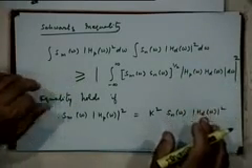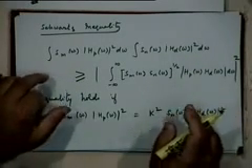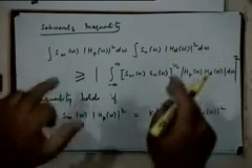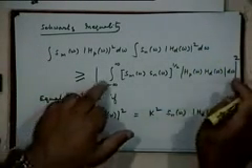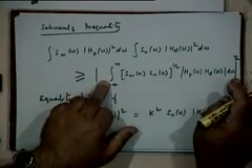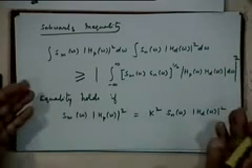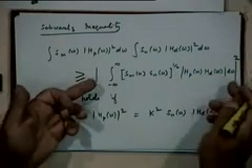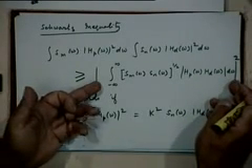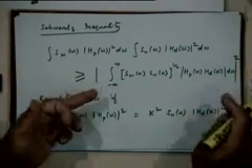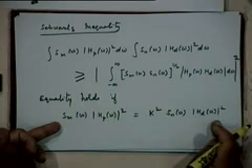So what does it mean? That means when this condition is satisfied, this product will have the least possible value, which will be equal to this value. If this condition is not satisfied, this product will always be greater than the number on the right hand side, and the smallest value of this product is the right hand side, and that smallest value will be achieved under this condition. Okay.